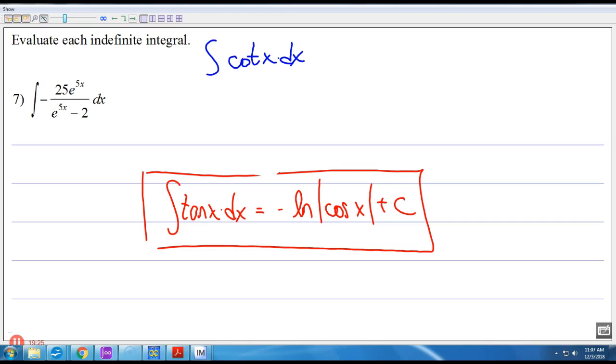This right there, you probably guess what the answer is. So that's cosine over sine, right?